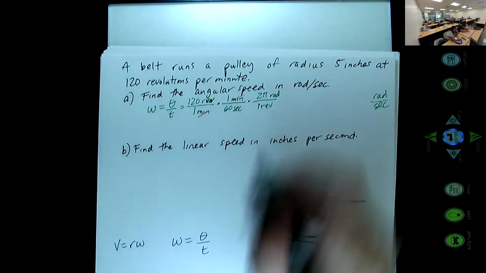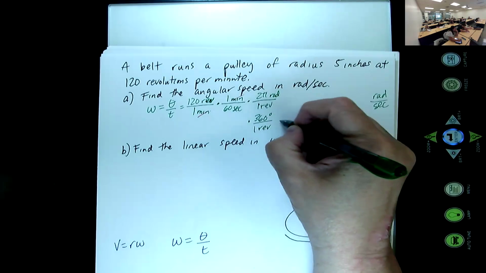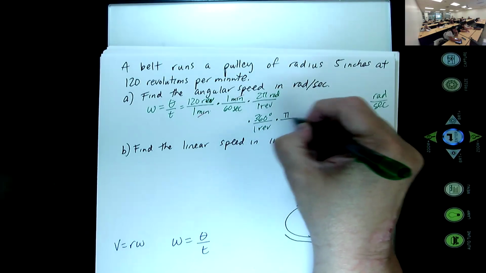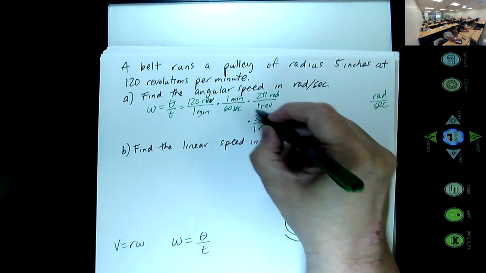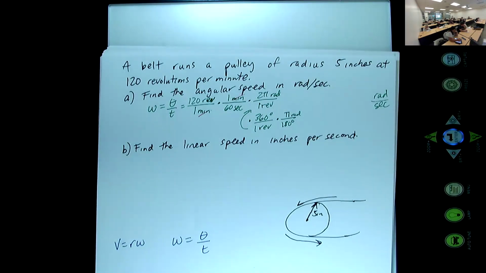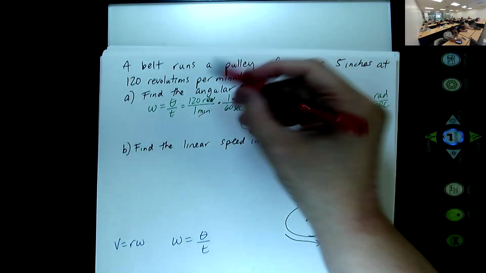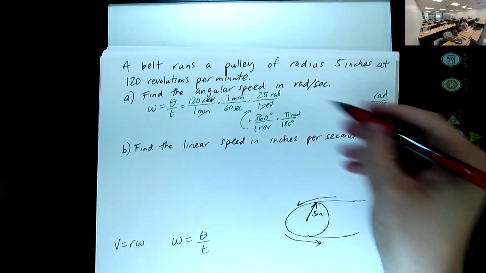If you needed to shift to 360 degrees first, that's fine, but then you'd have to multiply by pi over 180 degrees to get to radians. So that's another option for that step. But now revolutions cancel out, and I'm left with radians per second.